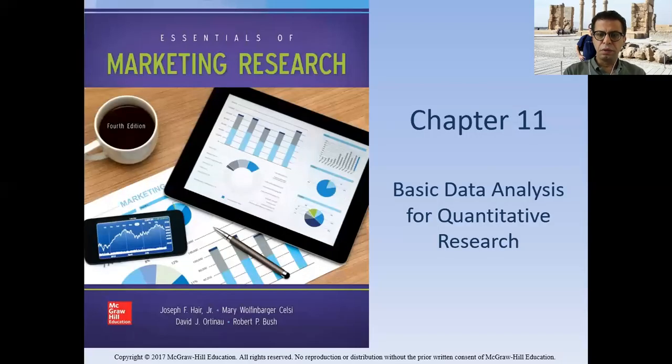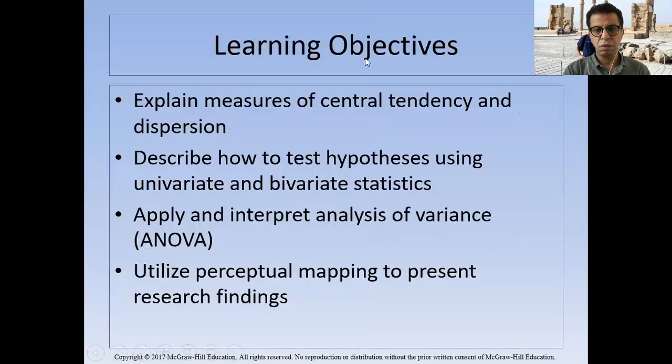So in chapter 11, we will explain the measures of central tendency and dispersion, as we promised.